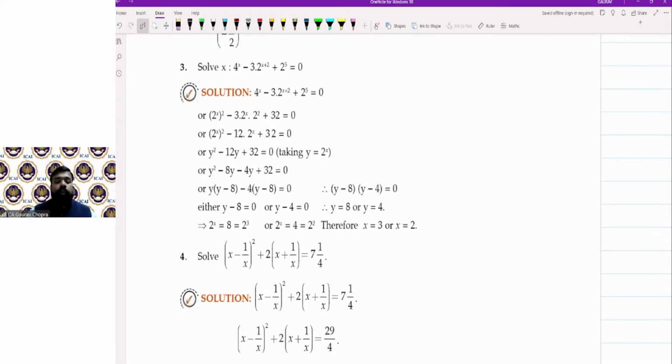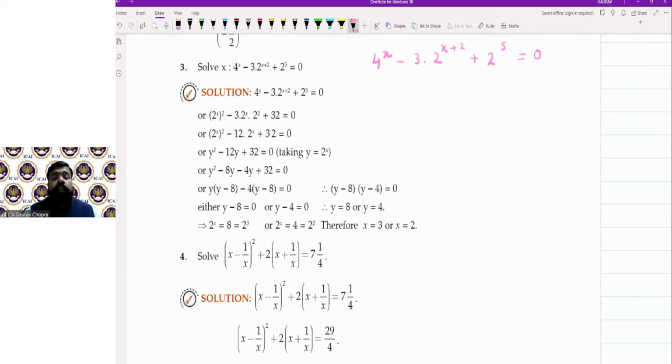Now, moving towards the third one. Solve for x. We have to find out the value of x. The question says 4 to the power of x minus 3 into 2 to the power of x plus 2 plus 2 to the power of 5 is equal to 0.